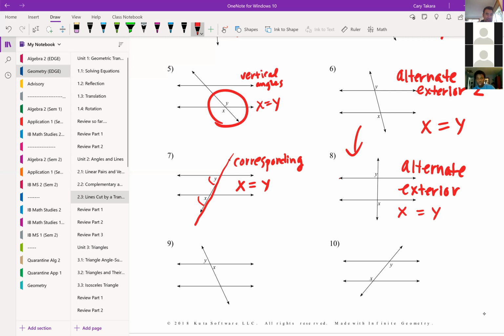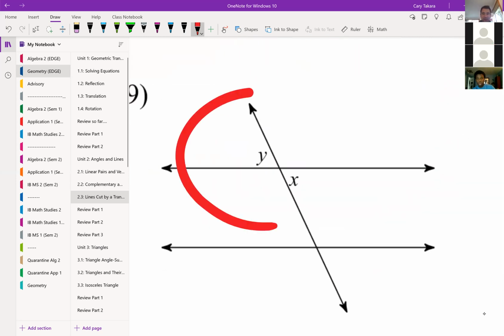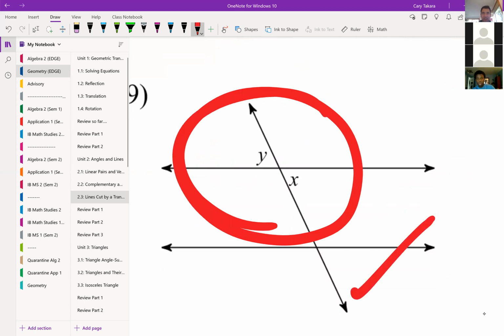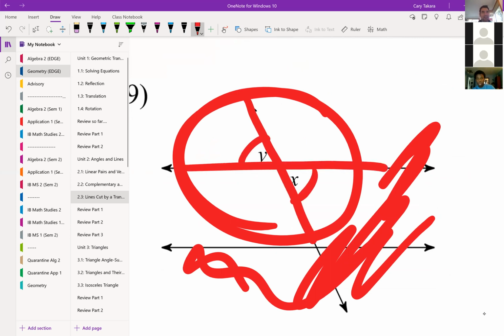Number 9 is, again, if you just focus on this part right here, just forget about everything else. What do you see? You've got 2 lines and this angle and this angle. And that's a vertical angle. It's very good, Saif. Anybody else? Does that make sense, Logan?